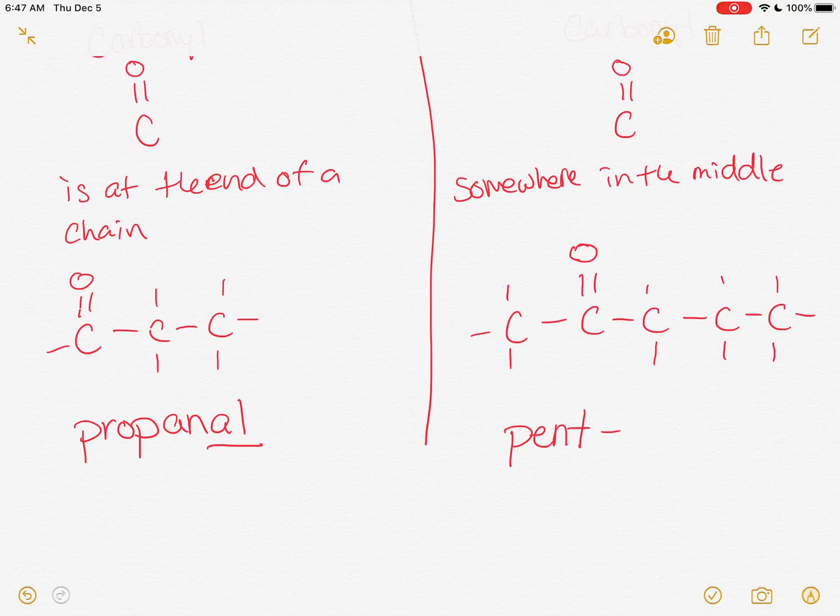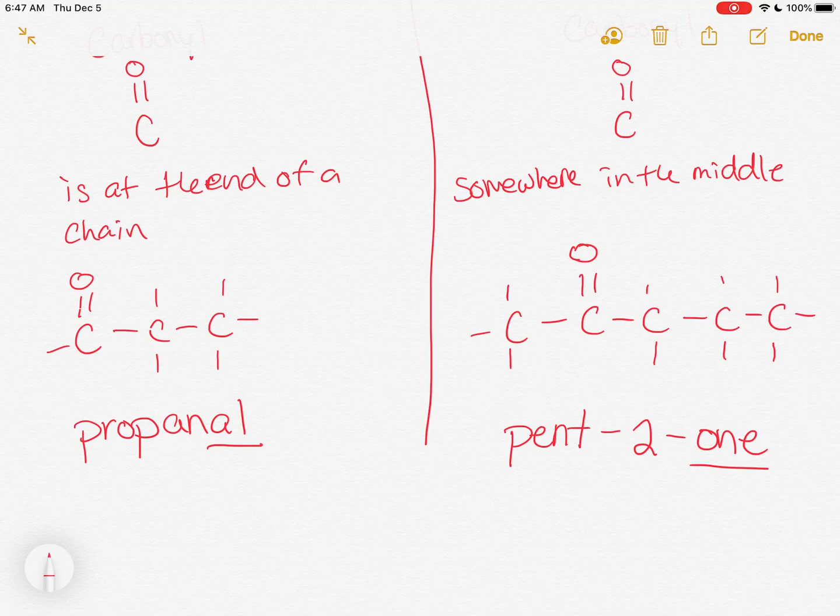And then the ketone, that double bonded oxygen, is on the 2nd carbon in, and ketones are going to end in -one. So this one is going to be pentan-2-one. Okay, so our aldehydes end in al, ketones end in -one.